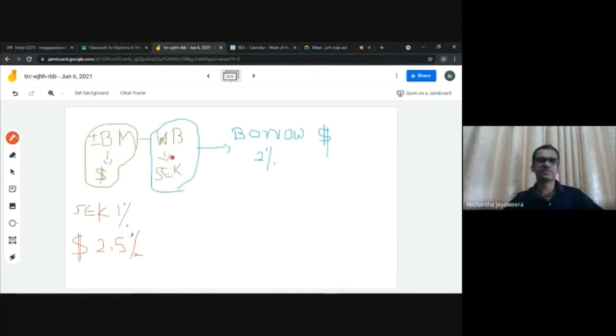And similarly, even if the World Bank goes and tries to borrow Swedish krona from the Swedish market, their borrowing cost would be 1.5.